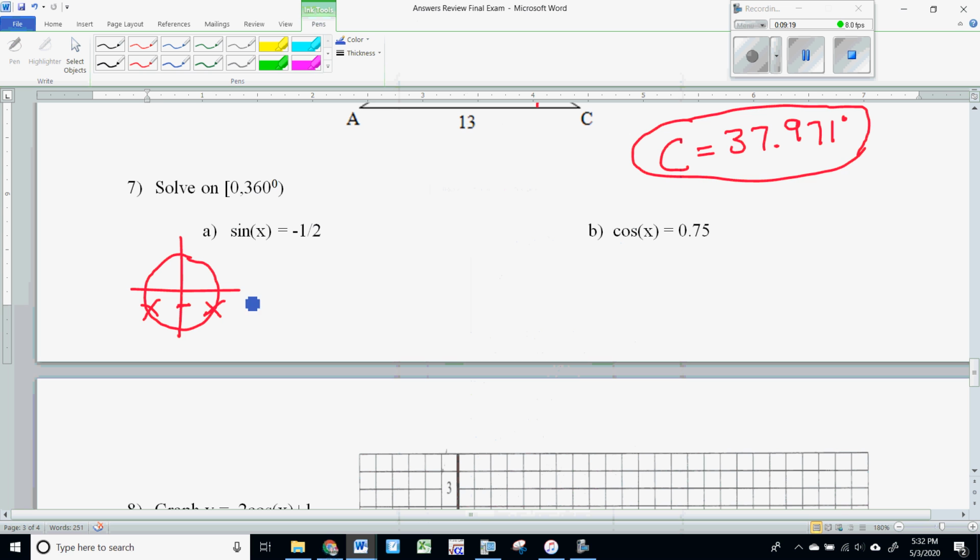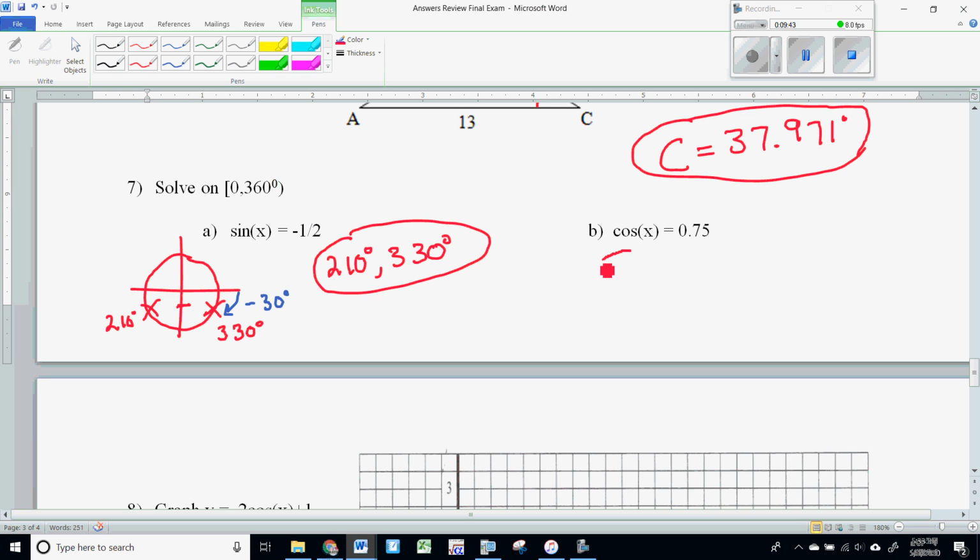So that tells us that this angle right here is -30. So our two answers will be over here, if I come down 30, that would be 210. This is 210 over here. And then this one would be 30 less than 360, which is 330.